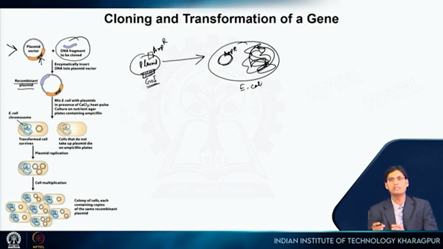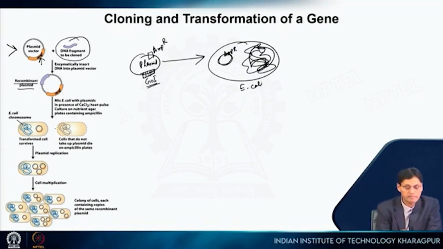That's why you can actually select in which E. coli cell you have your plasmid, and intentionally you put your gene of interest in the plasmid itself. So whenever the plasmid is going inside the cell, you are also transferring your gene of interest. That is what you can see here, that after this transformation, this is the transformed cell, transformed E.